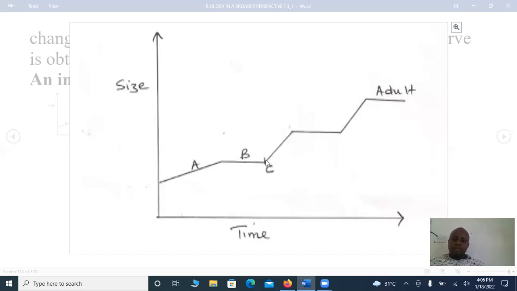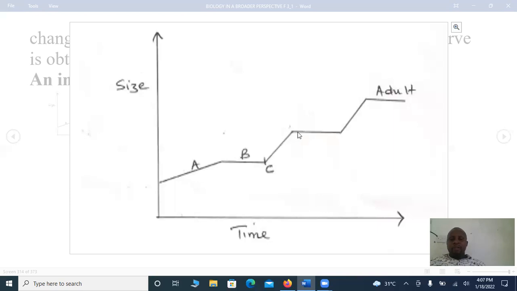Hence, we shall see the organism increase in size to a certain point. At this particular point here where the cursor is, the organism will stop growing. This is because the exoskeleton will have hardened again, inhibiting the organism from increasing in size.